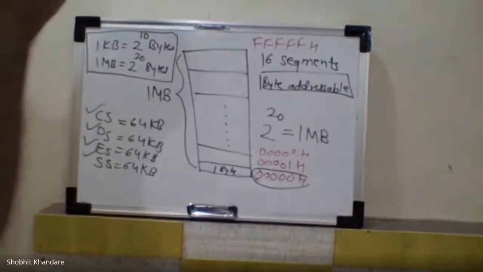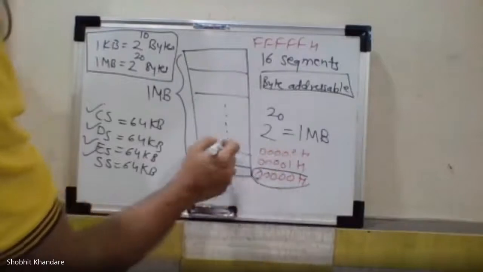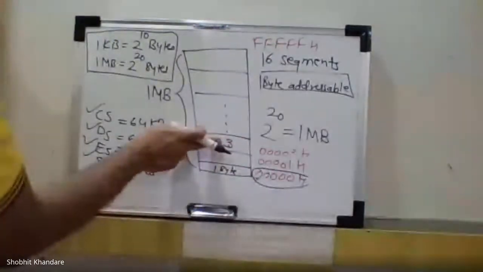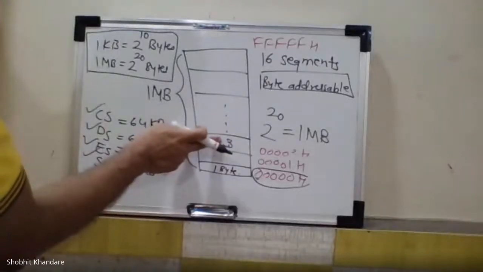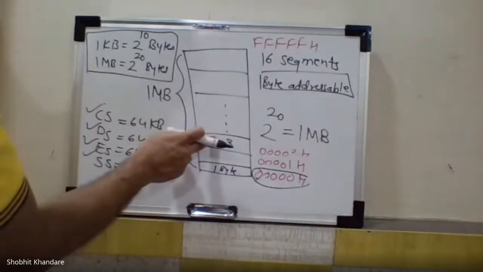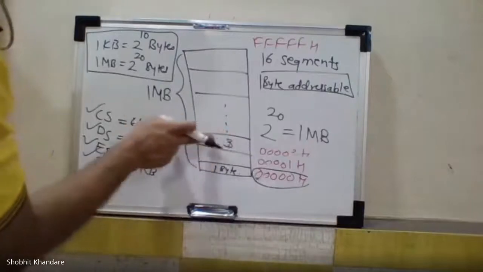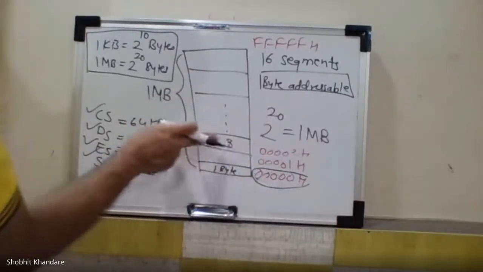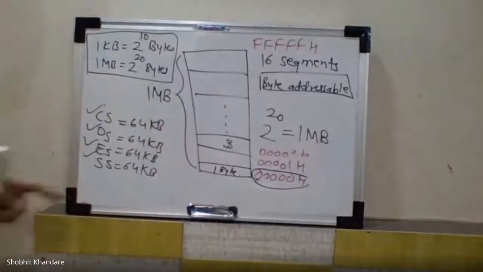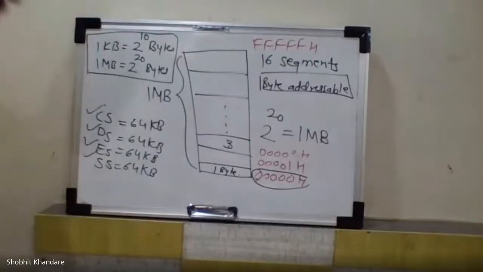For example, if 3 is stored at location 00002, this 3 is stored in the form of 8 bits, that is 1 byte. So every location will point to 1 byte. That is the meaning: 1 byte or 8 bits. Okay, I will run this side.